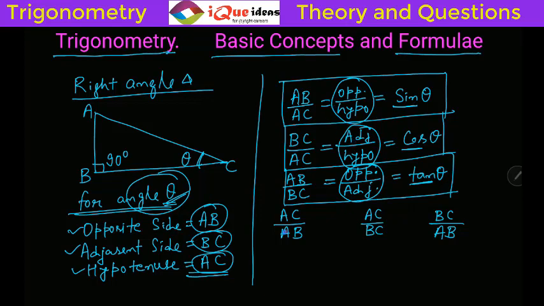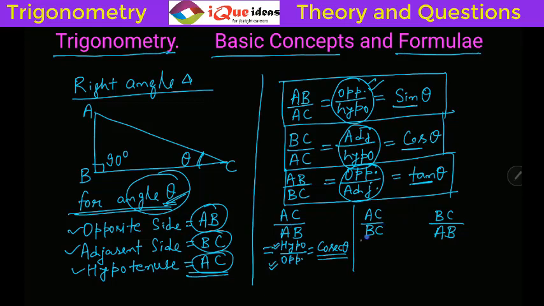Alright. Now if you look at AC upon AB, this is actually hypotenuse divided by opposite side. It is actually the inverse of this ratio. So it will be 1 upon sine theta, that is cosec theta. So the definition of cosec theta is hypotenuse divided by opposite side.